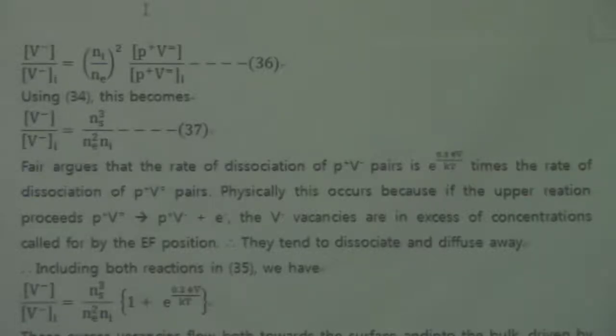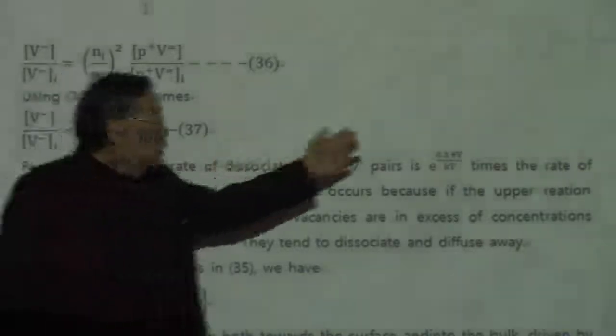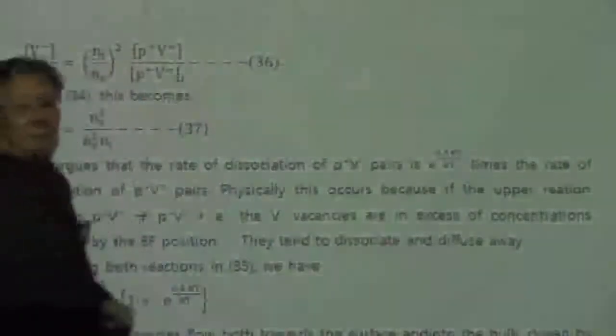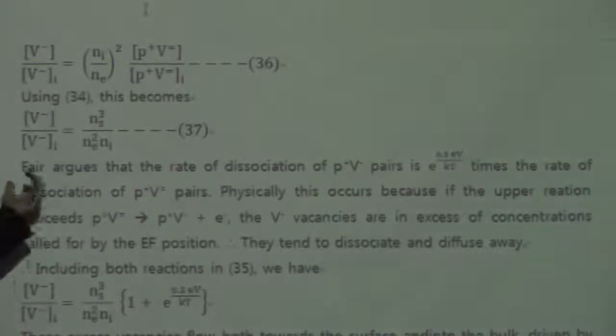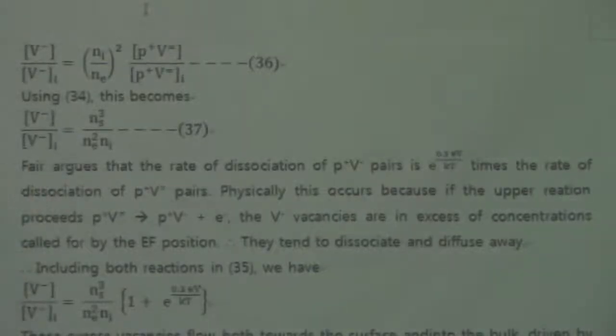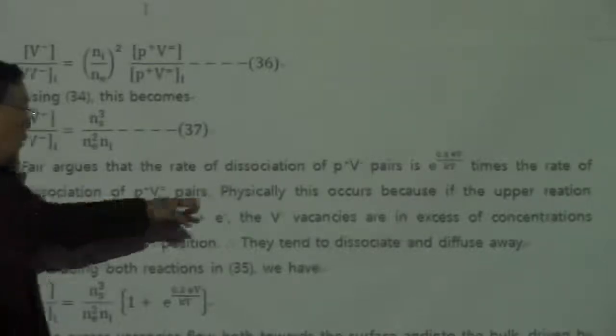So if you are interested in where these values come from, you can look into the paper given in the reference. I have this reference paper, so if you want, you can get a copy easily from me. Just let me know.